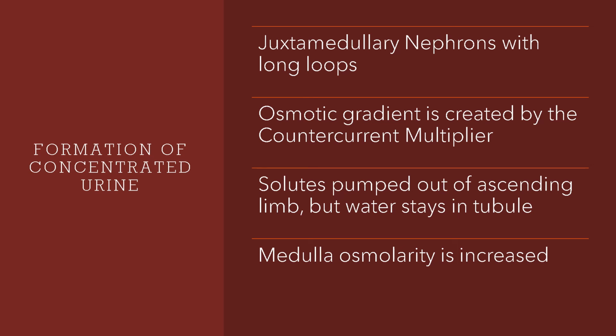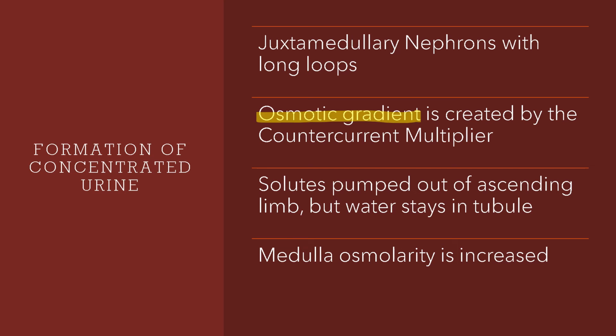The ability of the antidiuretic hormone to cause excretion of concentrated urine, like I said, depends on that osmotic gradient briefly mentioned before. This is an osmotic gradient of solutes in the interstitial fluid of the renal medulla.